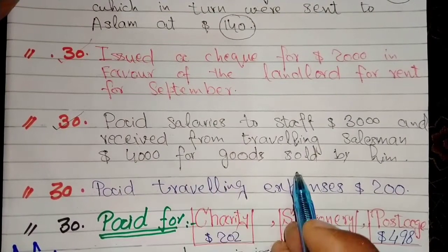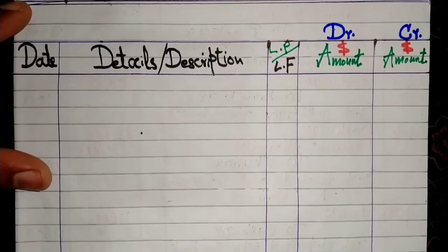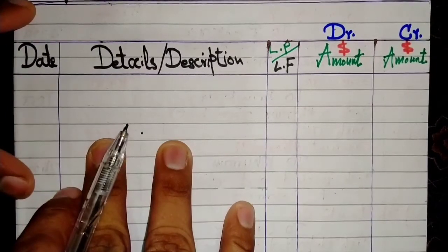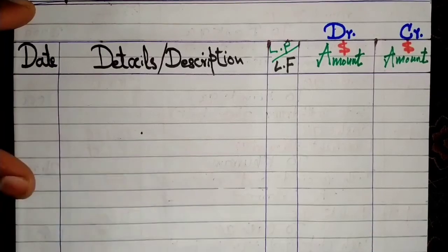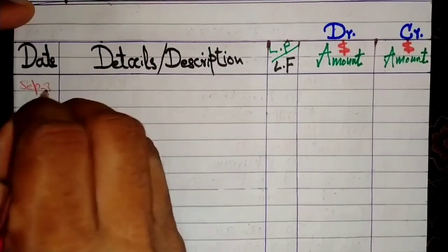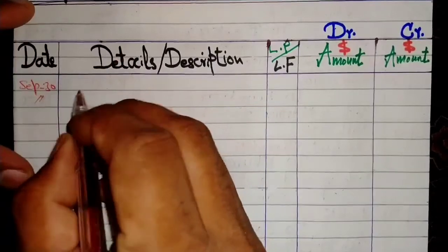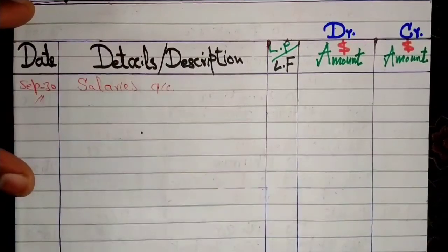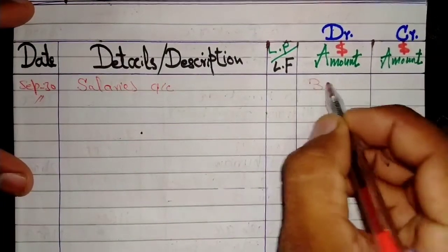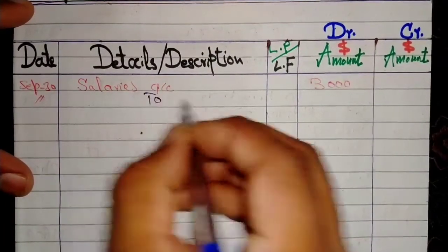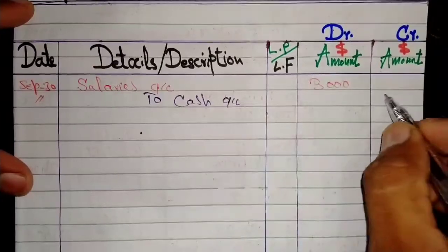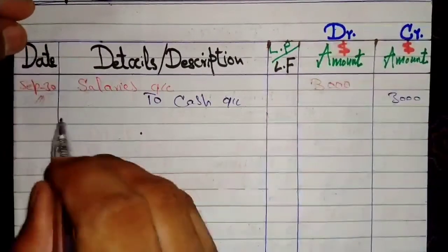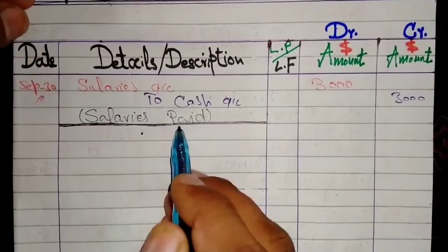After understanding the transaction, now we will move toward the entry. Dated September 30th, 2005, first part will be salaries account debit with amount $3,000 to cash account with the same amount $3,000, with description salary is paid by the business.